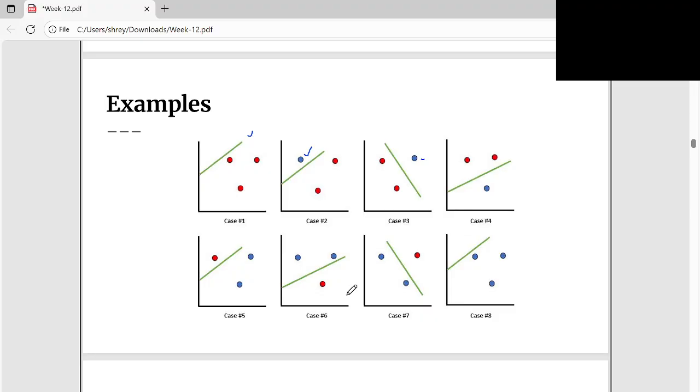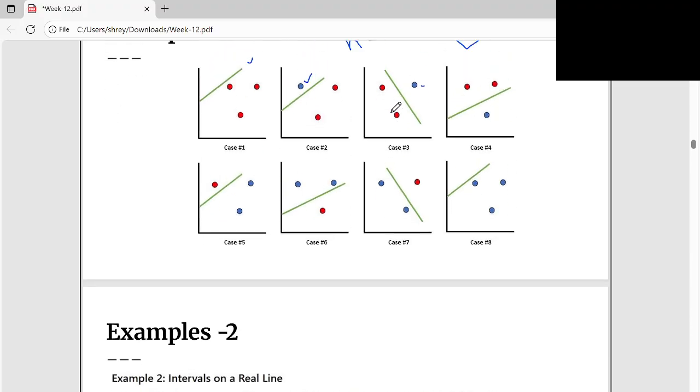So for any 3 points, 2D lines are able to classify them. For n equal to 2 and n equal to 3, it is shattering the data set. So till now the VC dimension is 3.